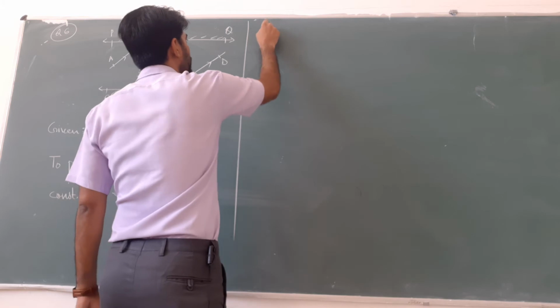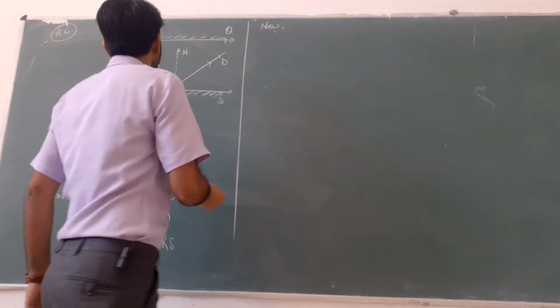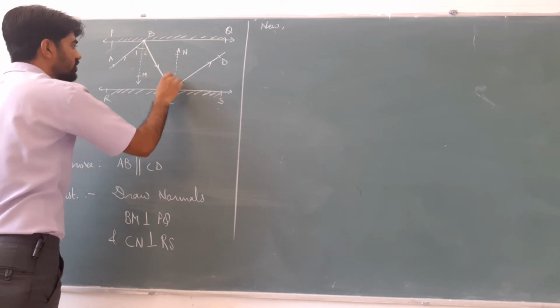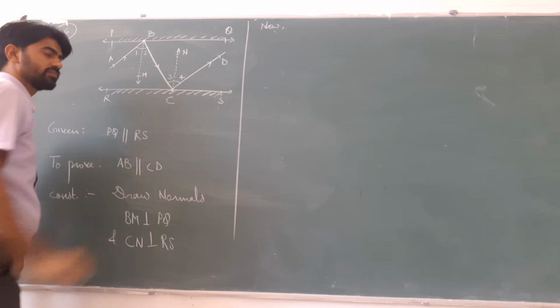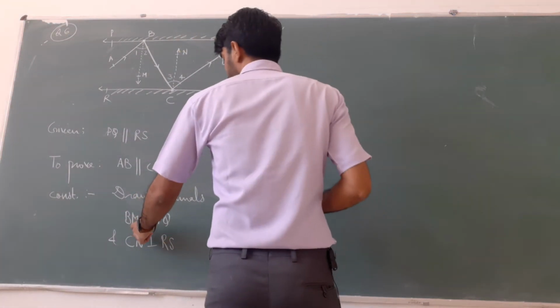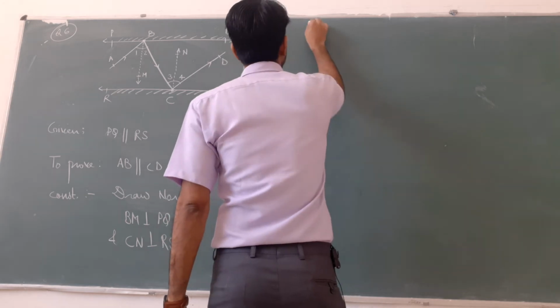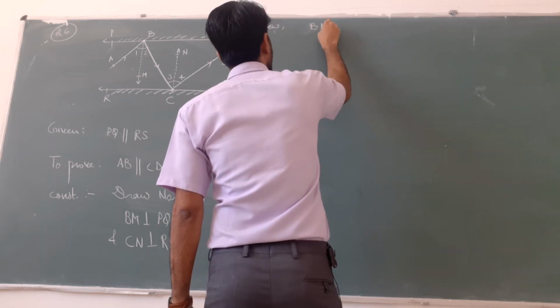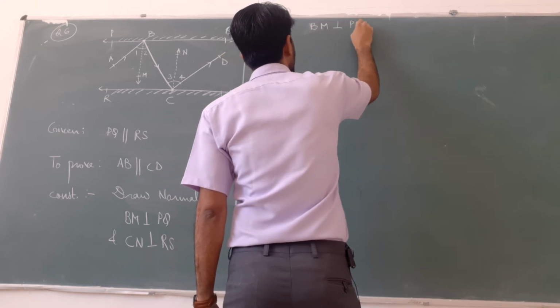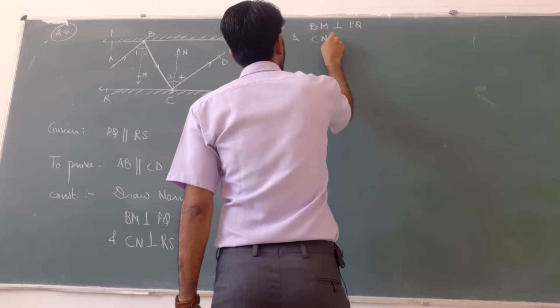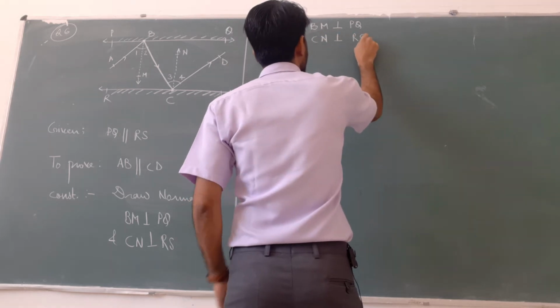Now name these angles to be angle 1, 2, 3 and 4. Now BM is perpendicular on PQ and CN is perpendicular on RS.